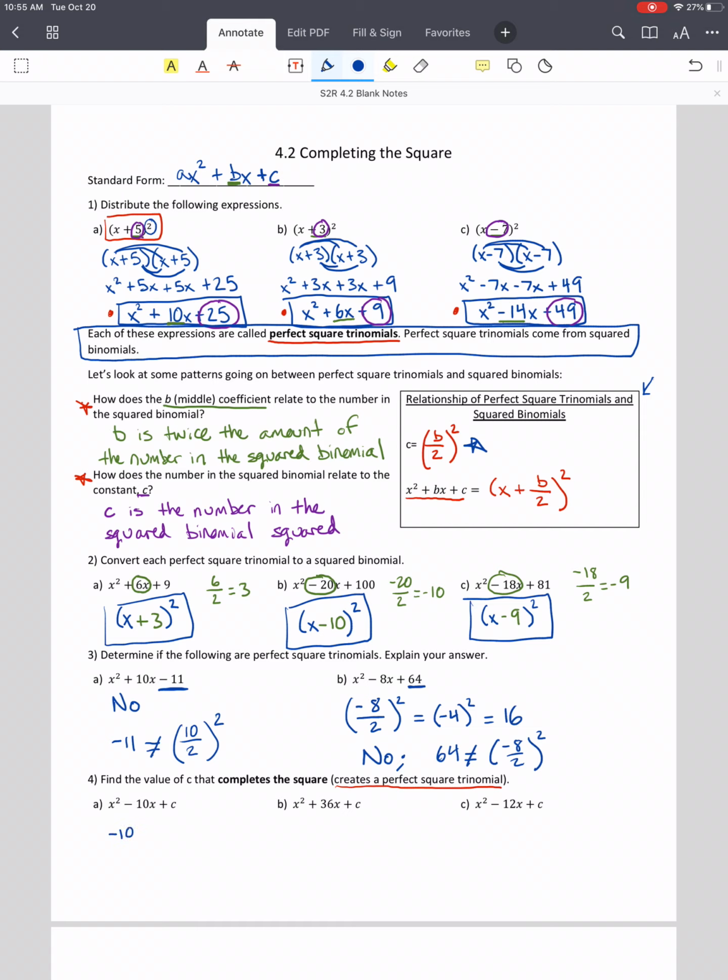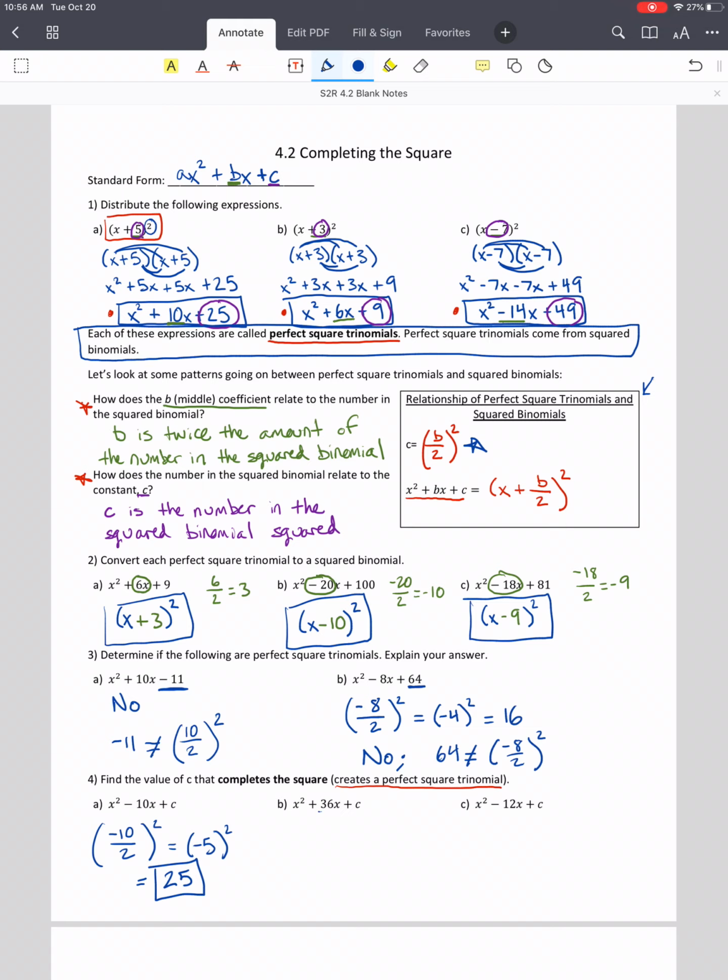So negative 10 over 2 squared. Negative 10 divided by 2 is negative 5 squared. I'm going to write that a little lower. And we get 25. That is the value that completes the square, aka the constant that creates a perfect square trinomial. That means this relationship exists.